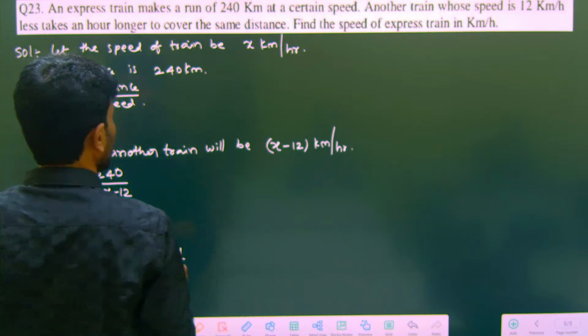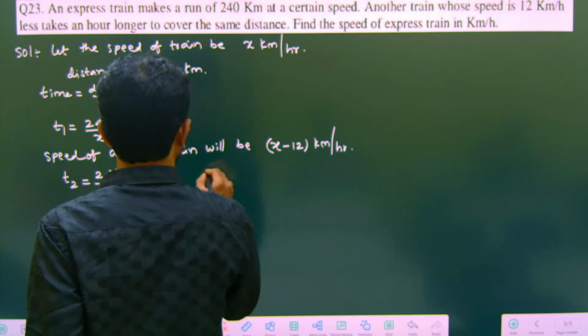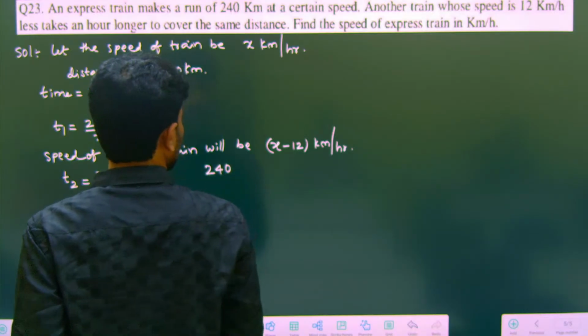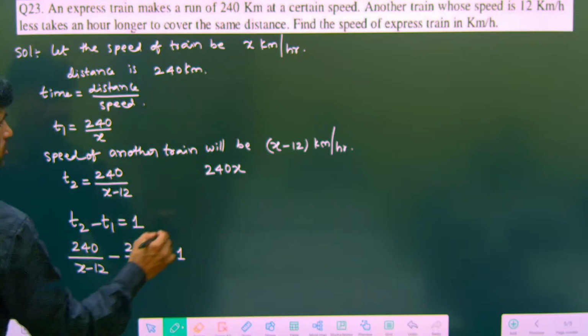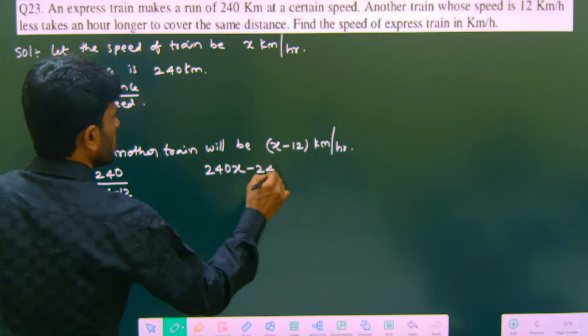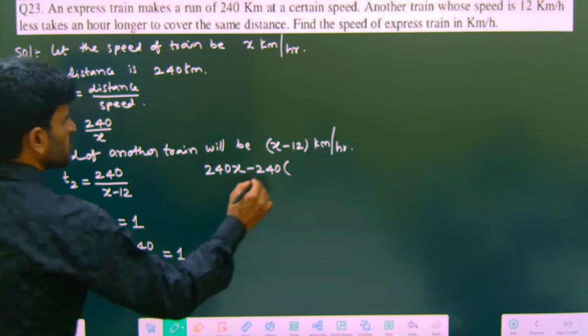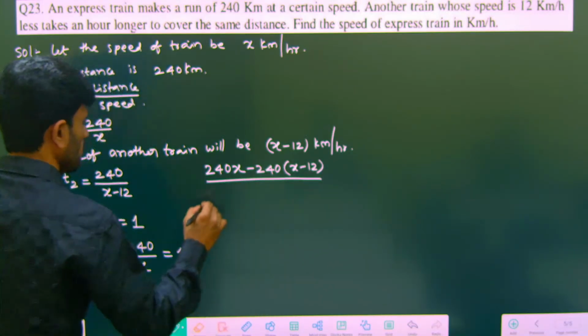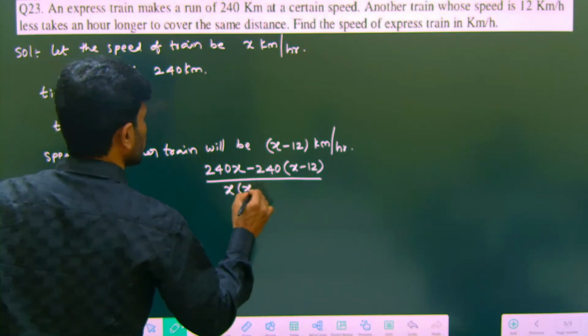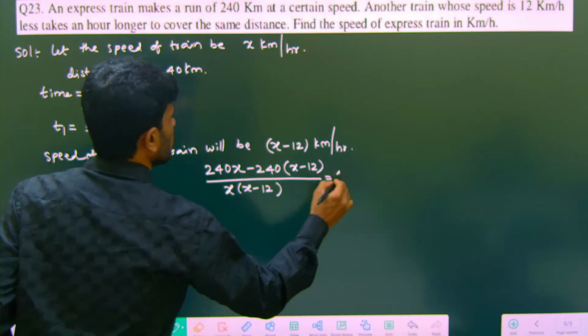Now if you take LCM, we get 240 into x minus 240 into x minus 12, by x into x minus 12, is equal to 1.